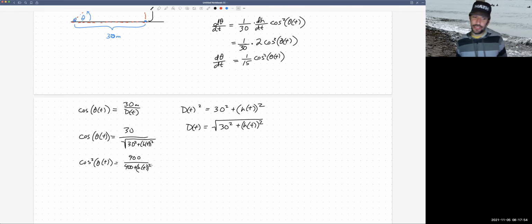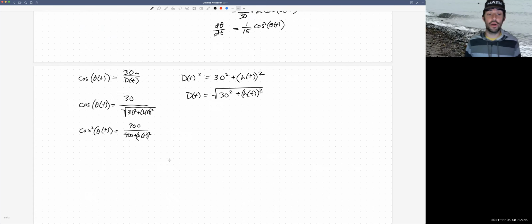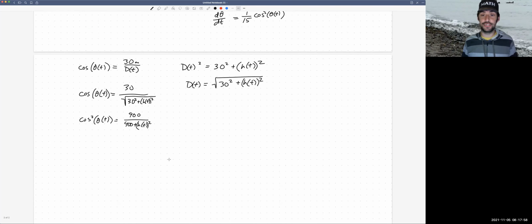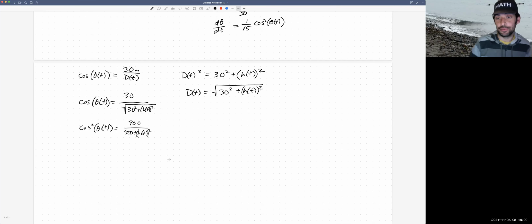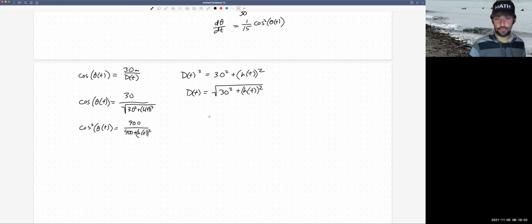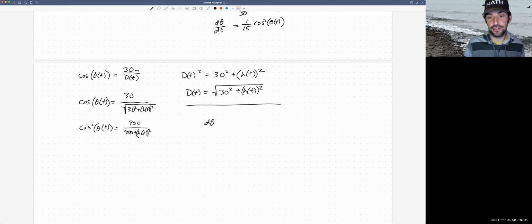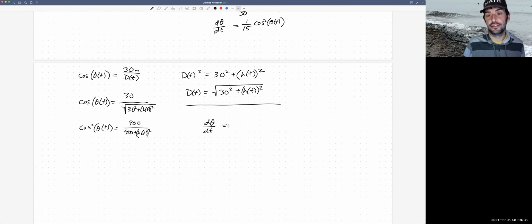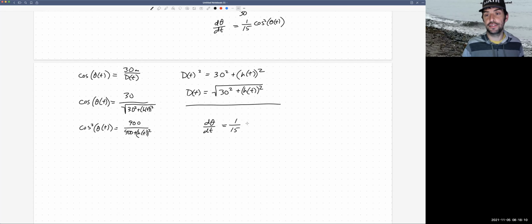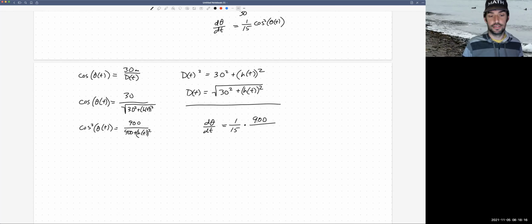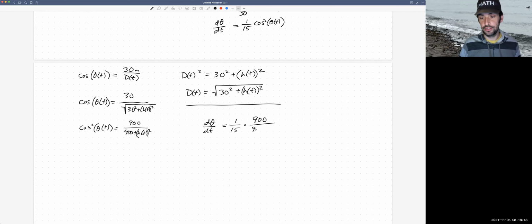Still problematic because we don't know what h of t is exactly. We don't have that function. So let's bring this back into the equation we had earlier. We have our d theta dt is equal to 1/15. We just figured out a new way to write cosine squared.